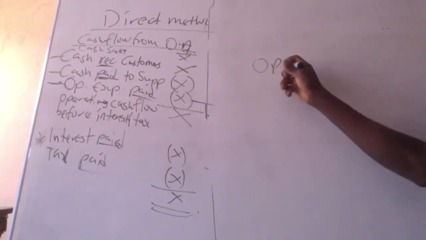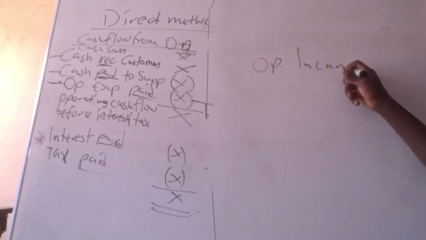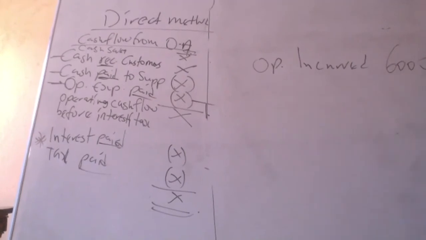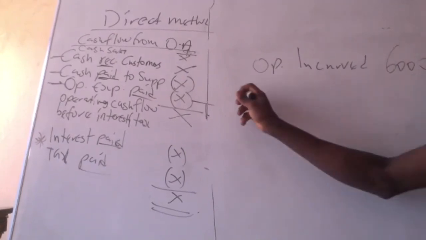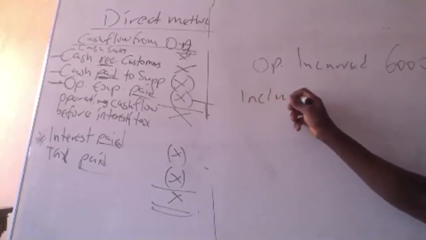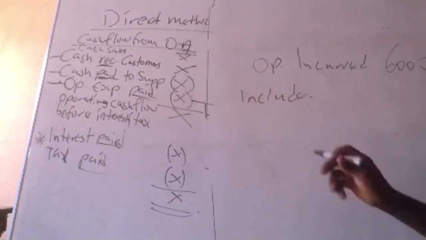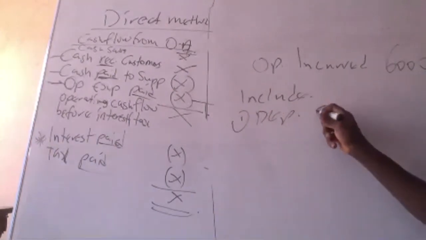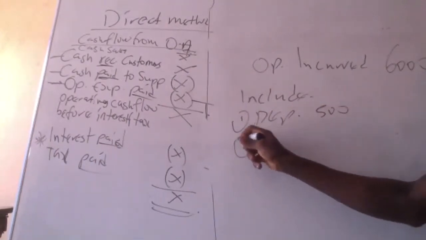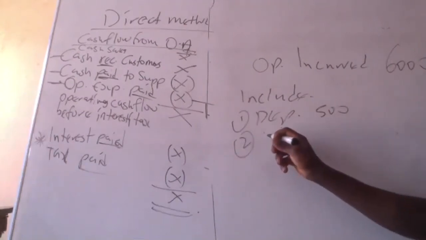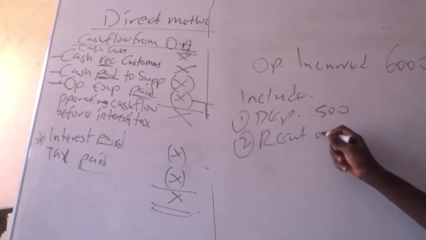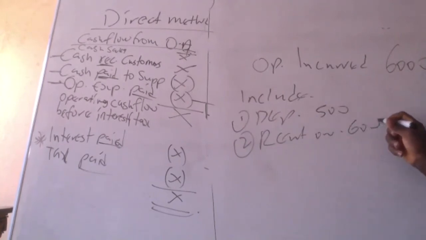This includes the following items: it means that I've added the following items to it. 1, depreciation of 500. 2, accrued expenses, rent owing of 600.